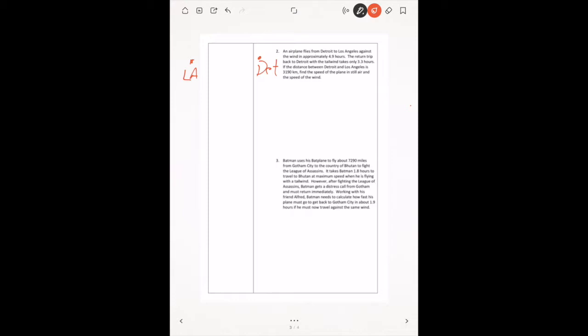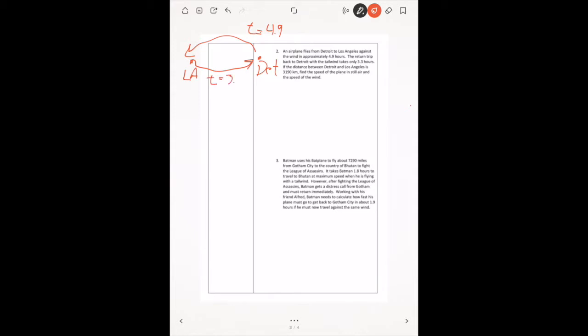So we're going from Detroit to LA on this first trip, and it takes us about 4.9 hours. Oh, we got decimals to deal with here, but that's okay. We'll make it work. We have 4.9 hours. The return trip back to Detroit takes 3.3 hours, so it's going to be shorter.